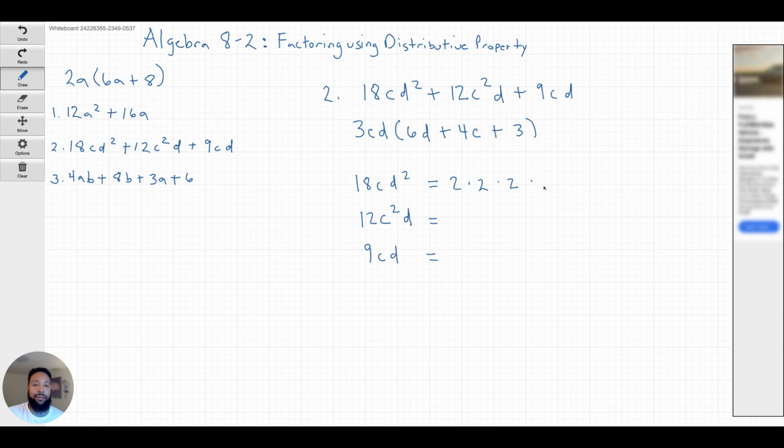Here's a situation where you can't continue to use 2, because 2 times 2 is 4, 4 times 2 is 8. You will never have these numbers to be able to multiply in order to get to 18. So even though 2 is a factor, at some point you would just have to use 9. So let's erase that.